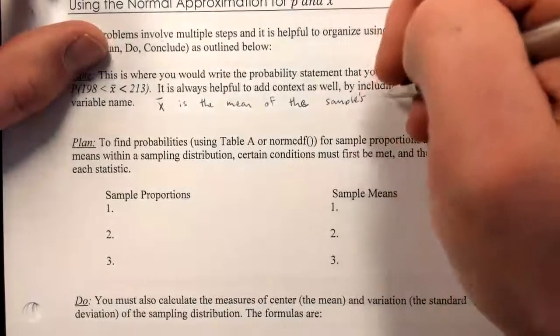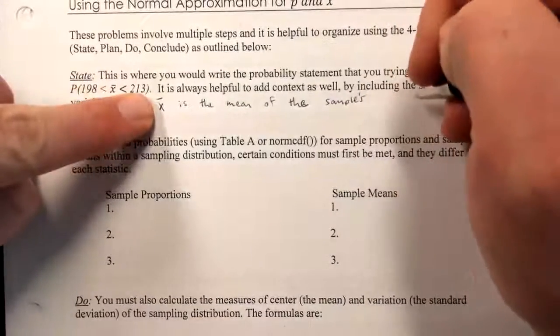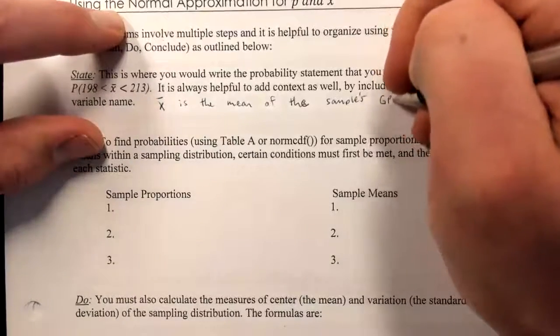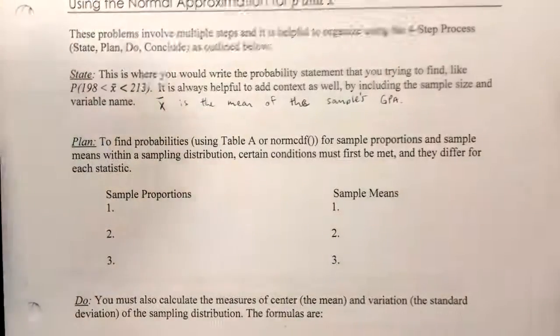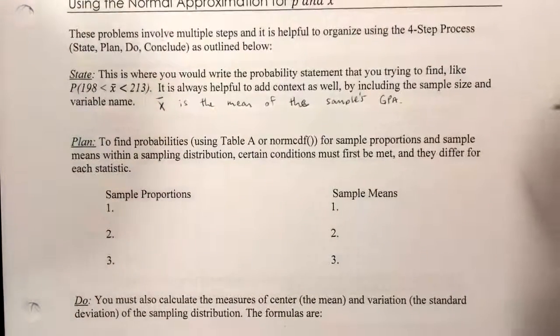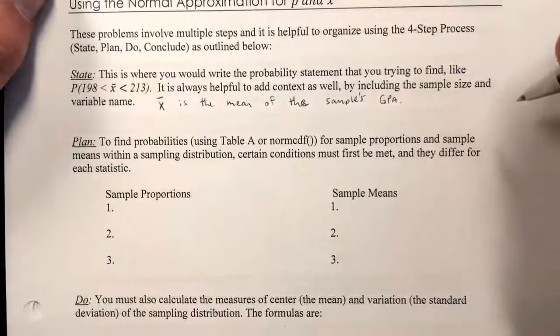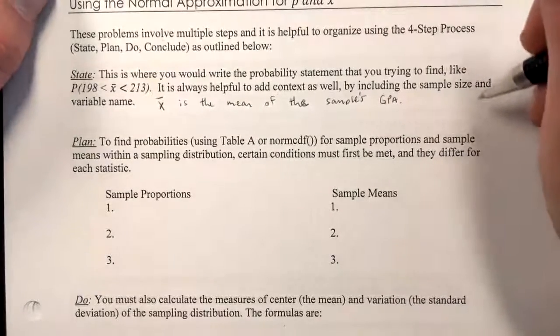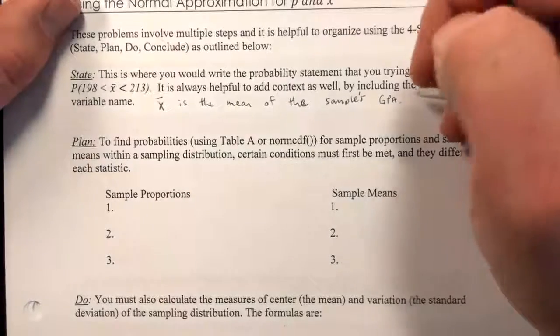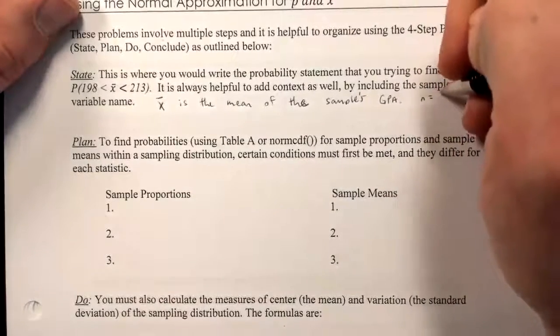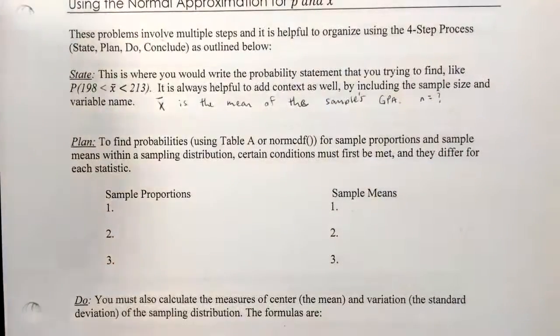That doesn't make any sense with 198 and 213, so just add at least a little bit of context to it. And something very important in these questions: always pick out what the sample size is. N equals something. Always try to find what the sample size is.